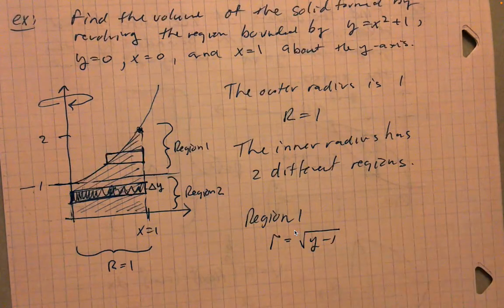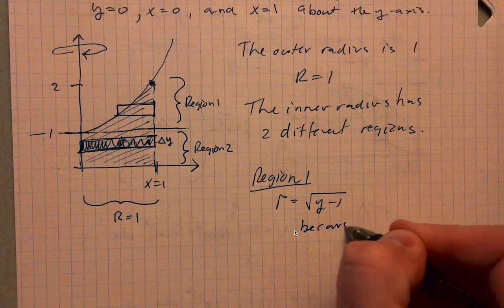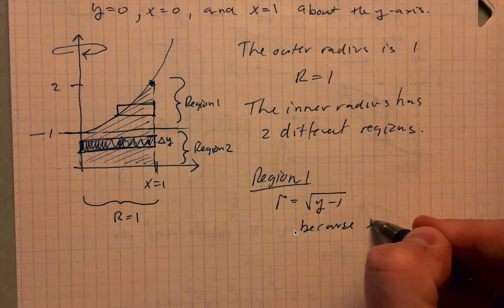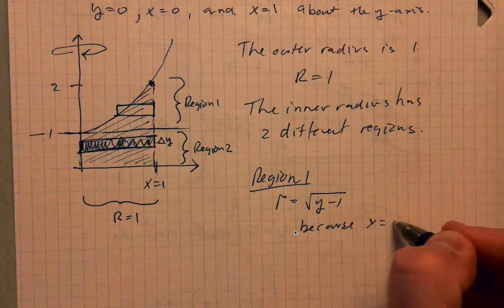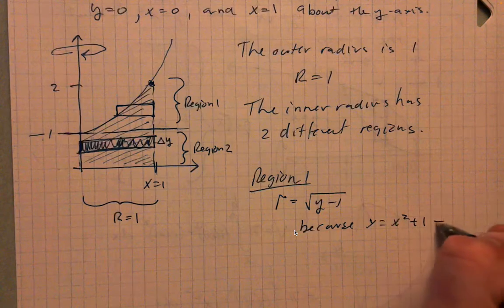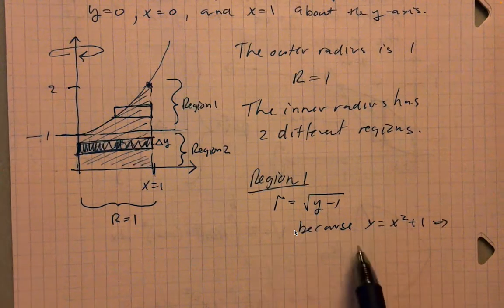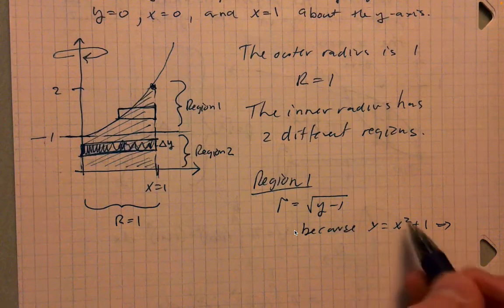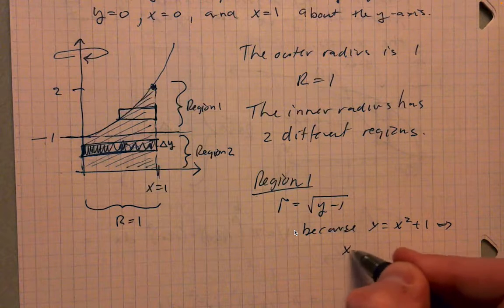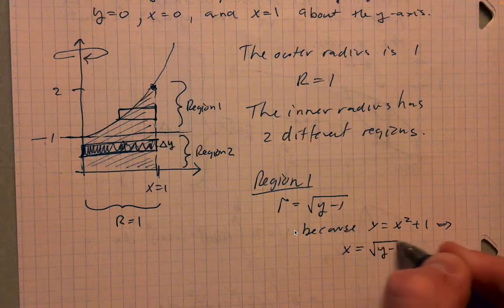Now, why do we say that? Well, because y is equal to x squared plus 1, and that's the function that's given, but that's y as a function of x. We need to do it the other way around, so we have to flip this around and do the algebra. We subtract 1 and then take the square root, and we get x equals the square root of y minus 1.